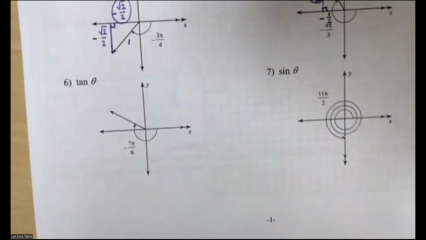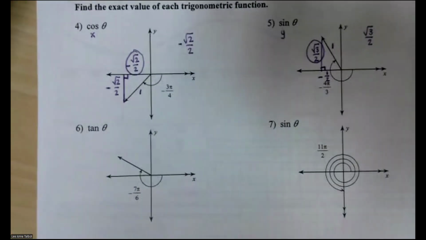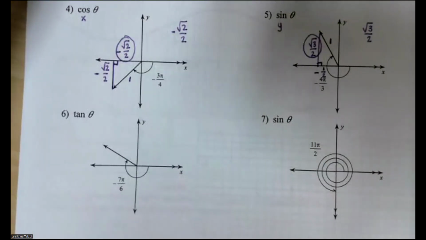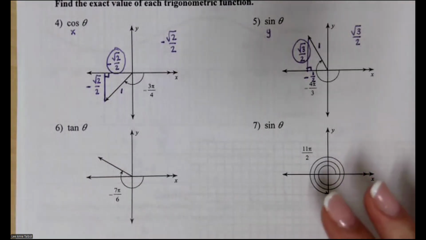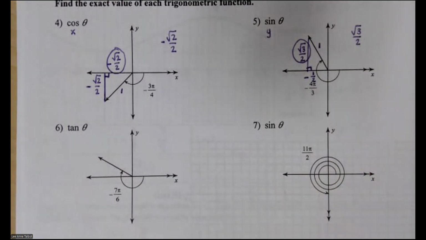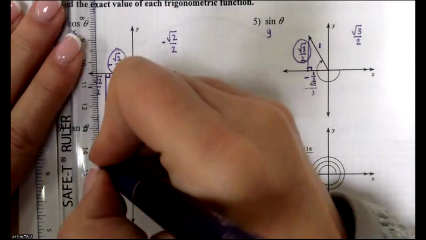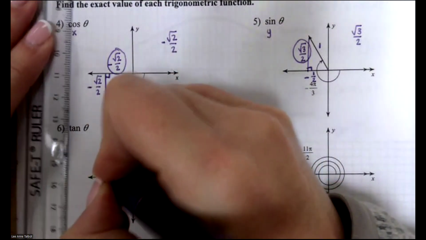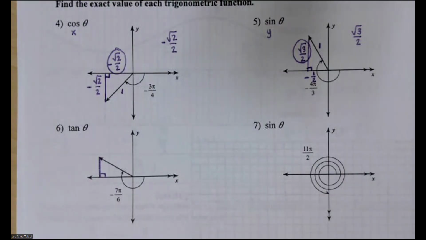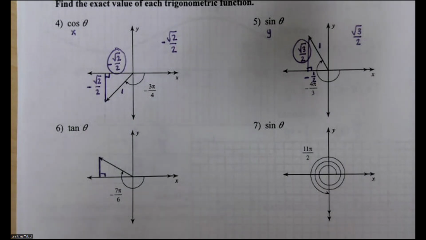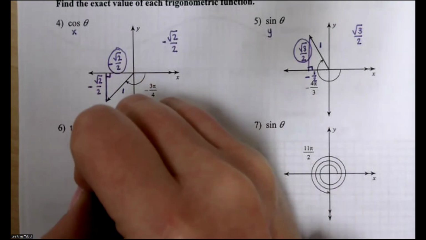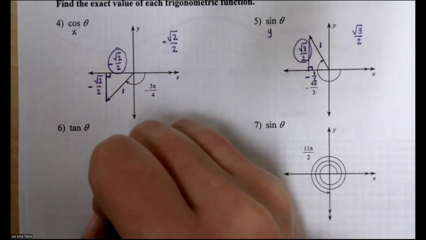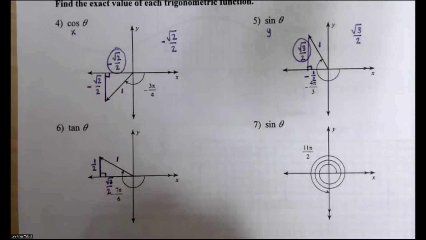Okay. The next two are a little bit of weird situations. You've got a tan, and you've got one that won't make a triangle. Okay. 30, 60, 90 or 45, 45, 90. 30, 60, 90. 1/2, √3/2.